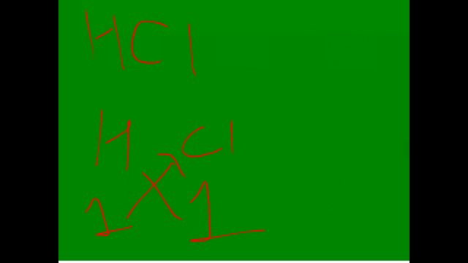Another, if we take magnesium chloride, magnesium is Mg, chloride is Cl. Magnesium, the valency is 2, chlorine is 1. Sorry, here we have to consider the charge. Valency or charge you can take.